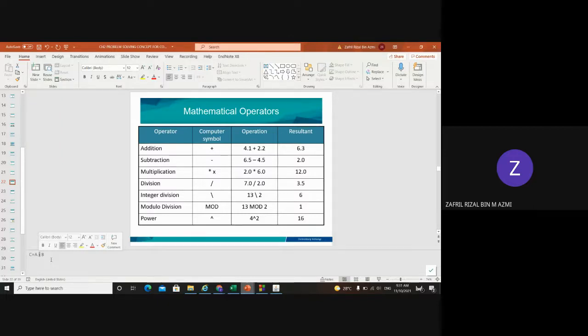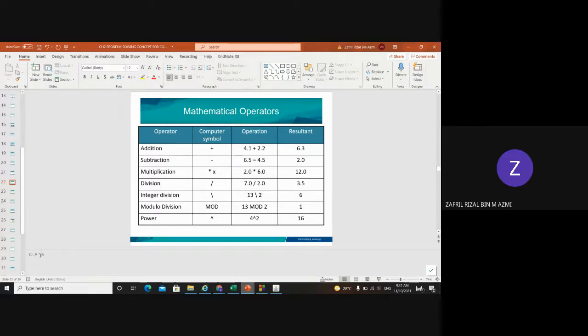So to do multiplication, you use the star. That is also the reason why you cannot use a mathematical symbol as part of your variable name. Remember the rules for how to write a variable name.